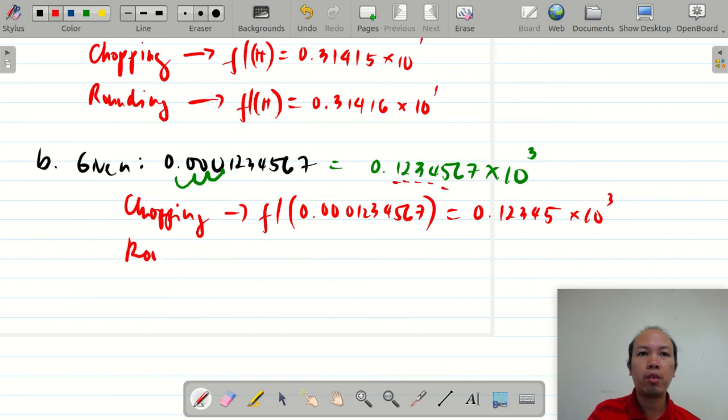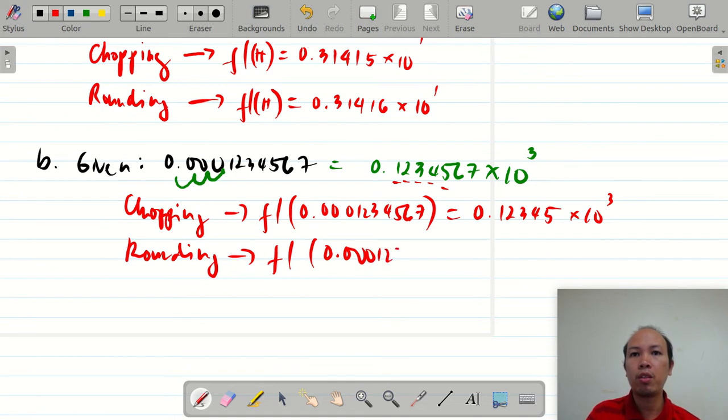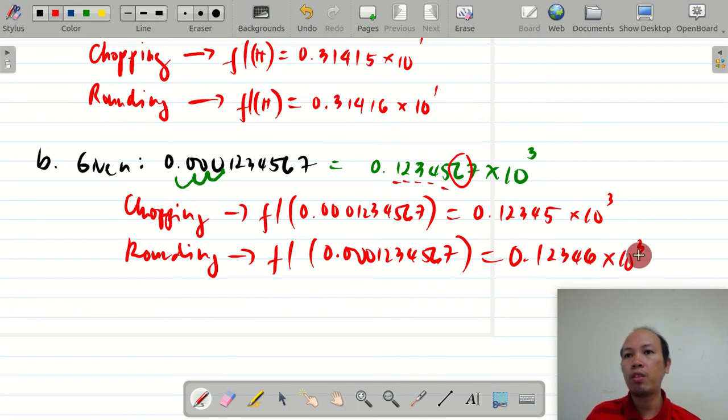And for rounding, we have FL of 0.0001234567. So the answer is 0.12346 times 10 to the 3, since this digit is greater than or equal to 5. Okay, that's it for this topic.